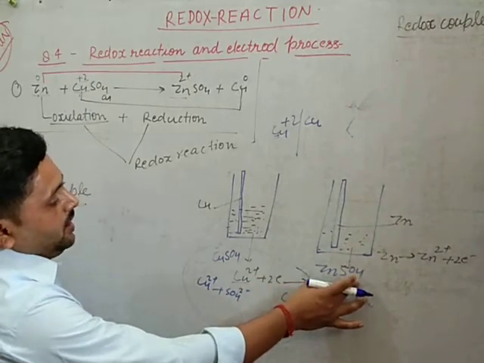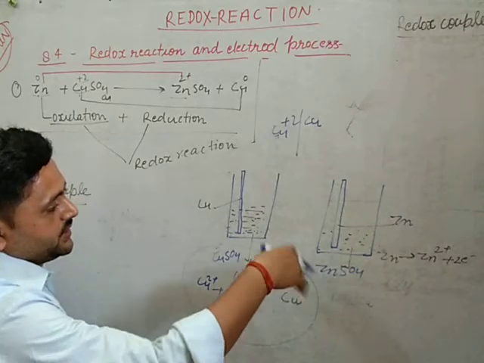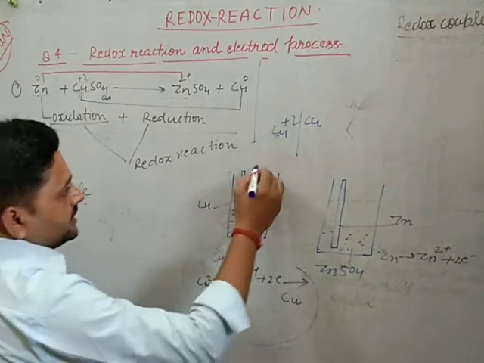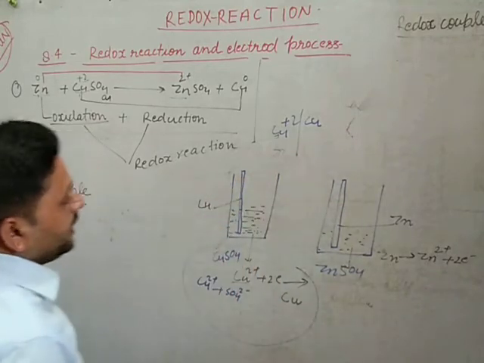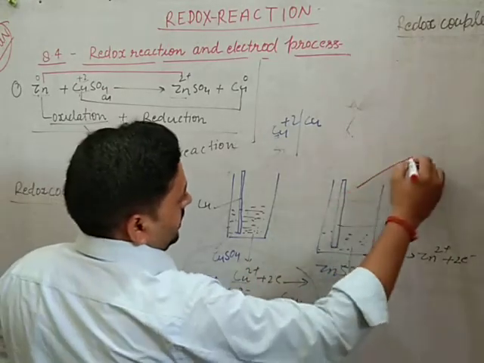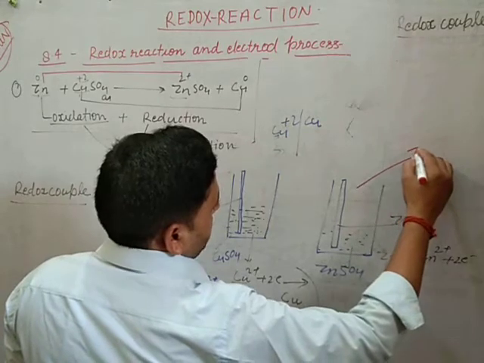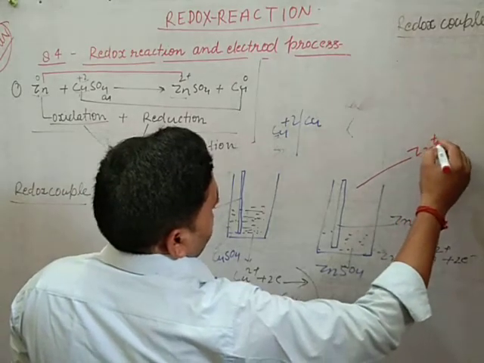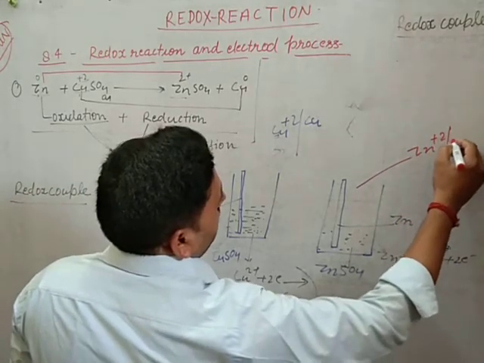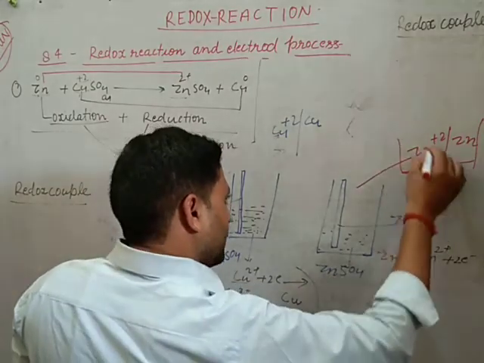There oxidation is taking place, so that is the oxidation half reaction. For this I wrote the redox couple, and for that I can write the redox couple. For this also, first the oxidized form, Zn2+, then Zn. So this is the redox couple.